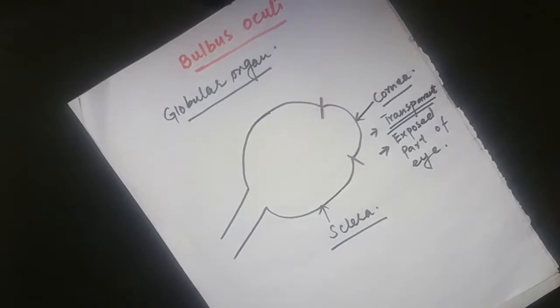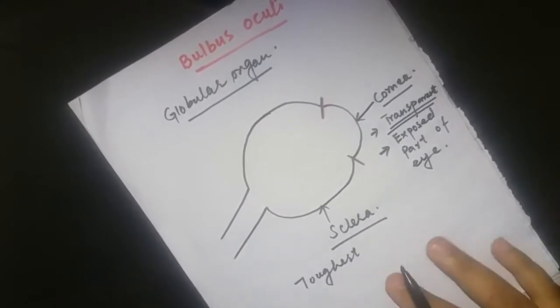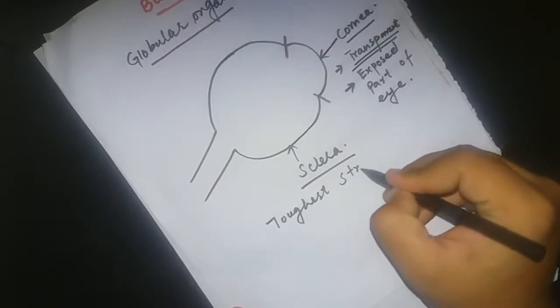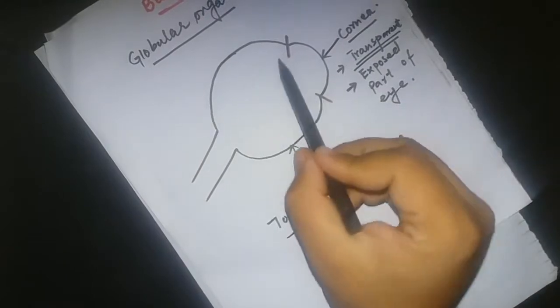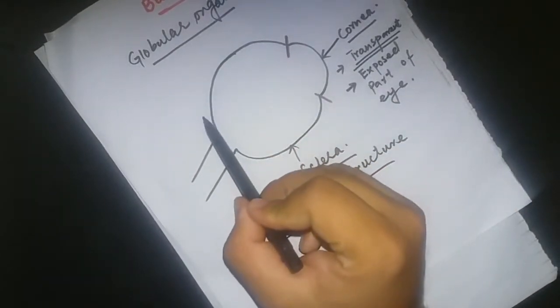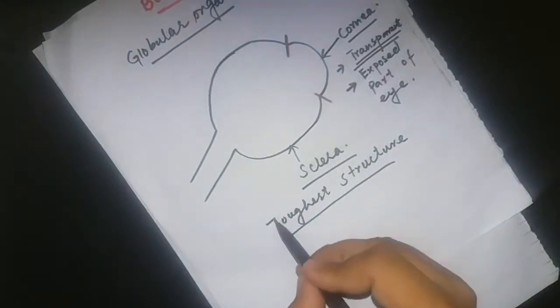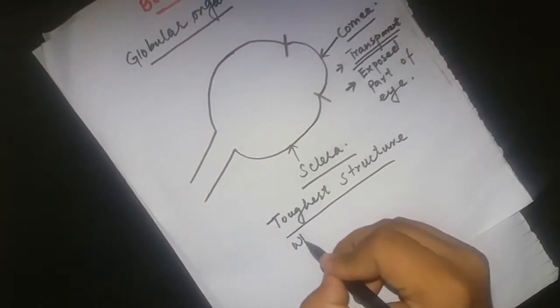Now if you talk about the sclera, it is the outermost layer of the eye, and being the outermost layer, the property of sclera is that it is the toughest structure. The second characteristic of sclera is that it is white in color.